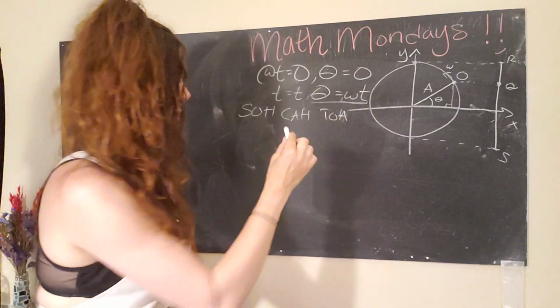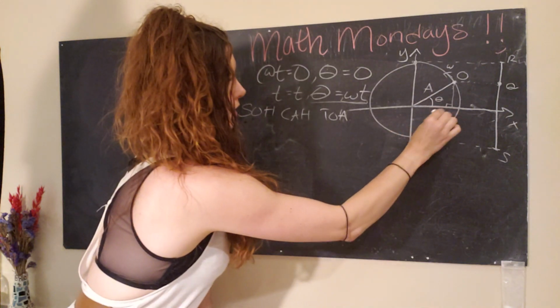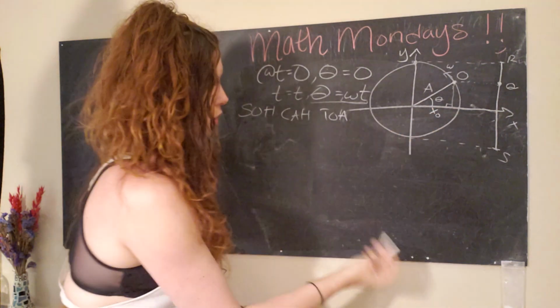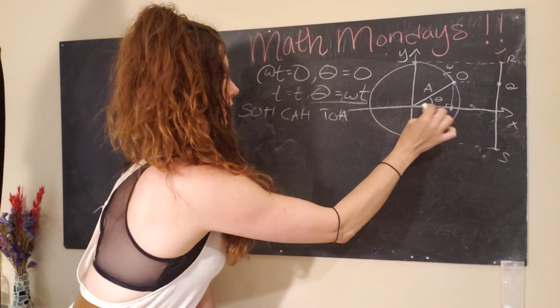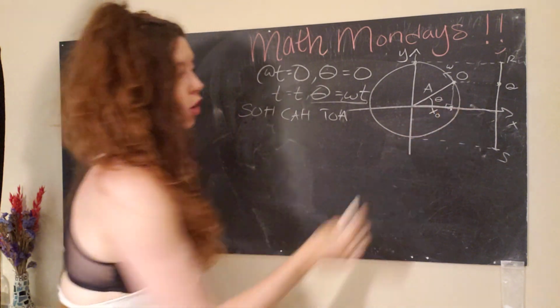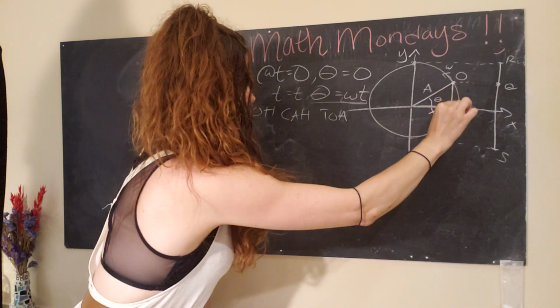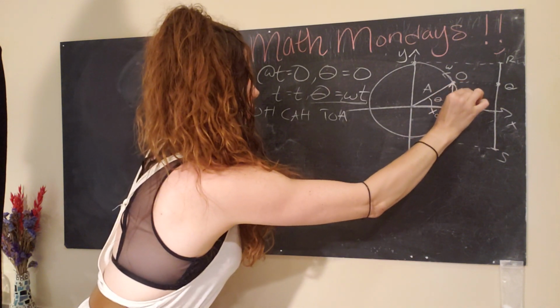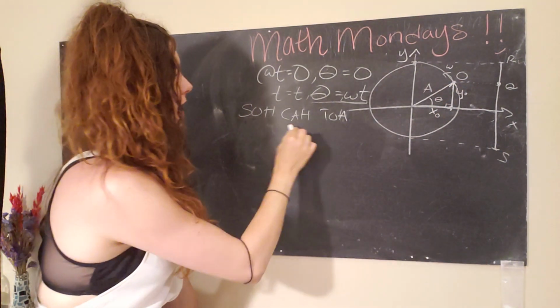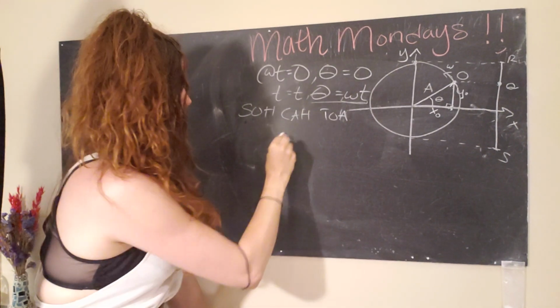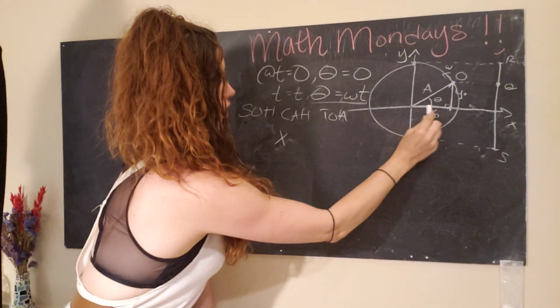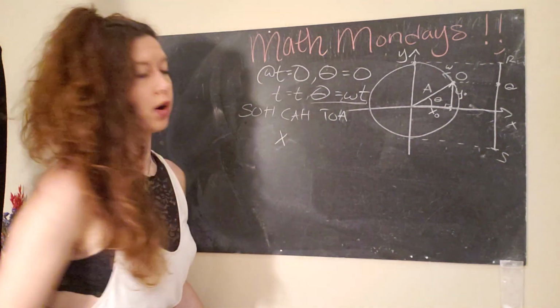So that tells me that if this is the x distance of our particle, aka the x coordinate, and this side is the y coordinate of our particle, then I know that x is the adjacent side to our angle.